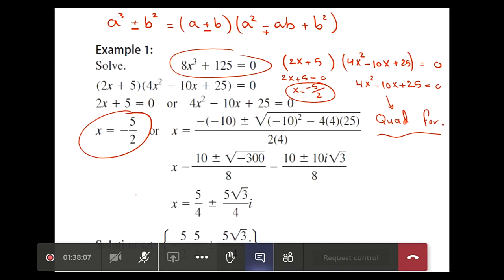After solving it by the quadratic formula, the negative under the root is replaced with i, so we have 3 solutions. The first solution, this one, the second solution, and the third solution, this one. Okay, this is after solving by the quadratic formula.